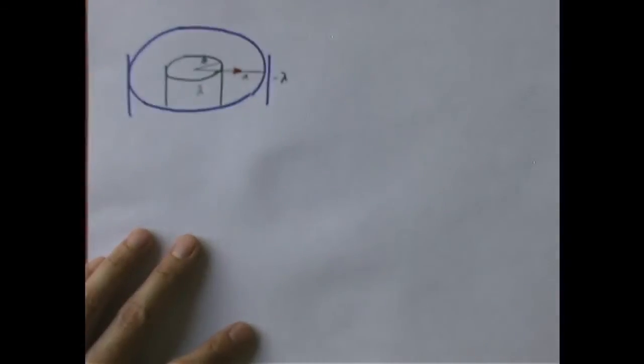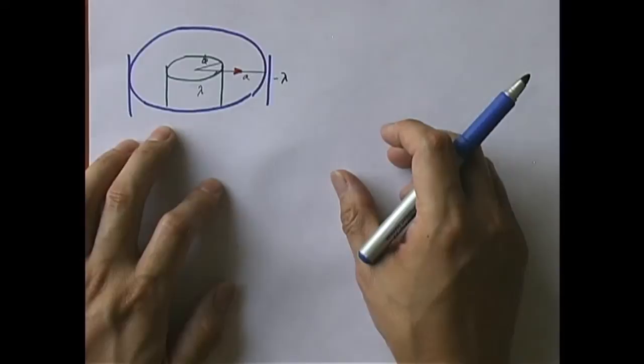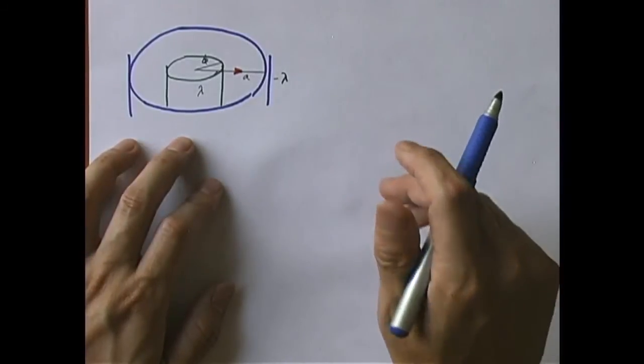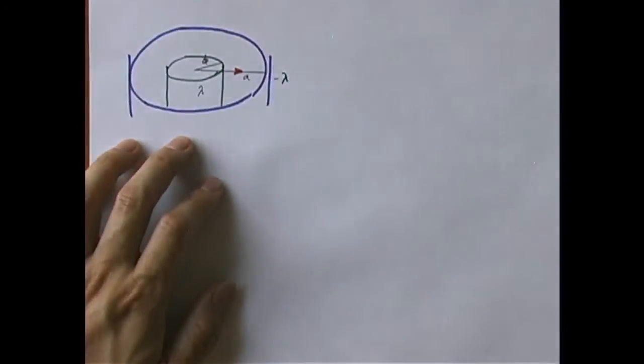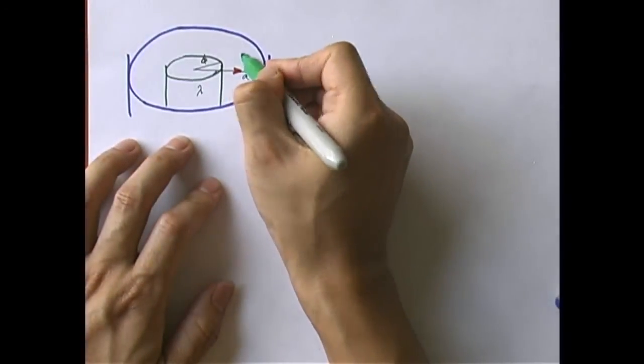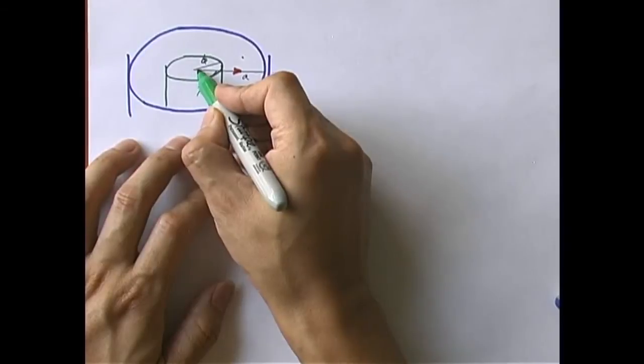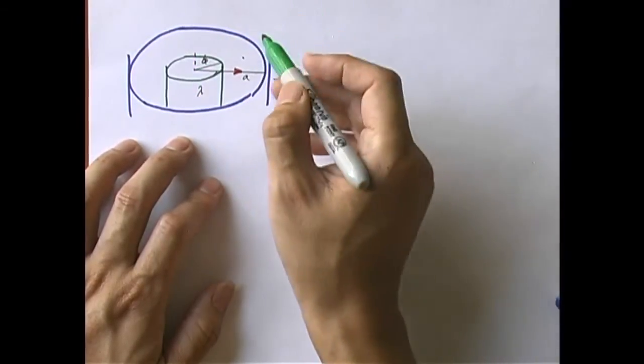Well, half the problem's been worked out in the previous chapter because we know how to calculate the electrostatic field of a cylindrical charge distribution. Suppose I want to know the electric field at this point, which is a distance r away from the axis of symmetry. What would I do?